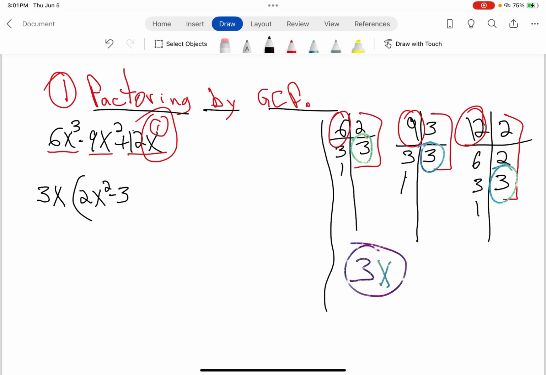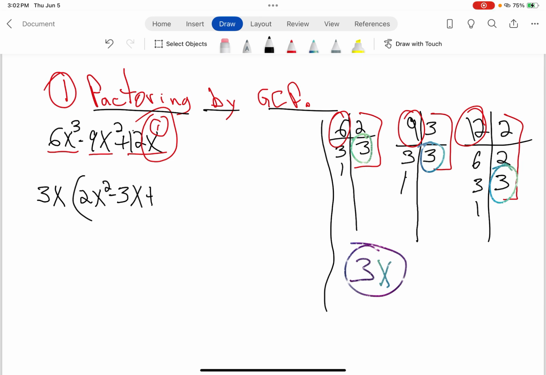As I say, you need to subtract the power. The power is 2, 2 minus 1 is 1. You don't need to write it. So when you subtract, you remain with x to the power of 1, which is x. So this is the second answer.